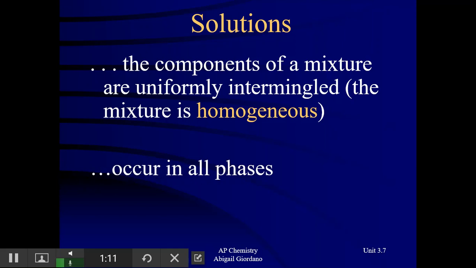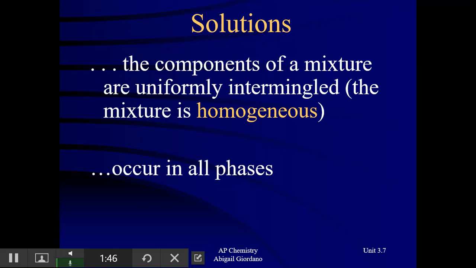Now, a solution can occur in all phases. Most of the time, guys, we're going to be talking about a solid solute being dissolved, to be more specific, in a liquid solvent. But solutions can occur in all phases. You can have a gas dissolved in a liquid. You can have a solid dissolved in a gas.